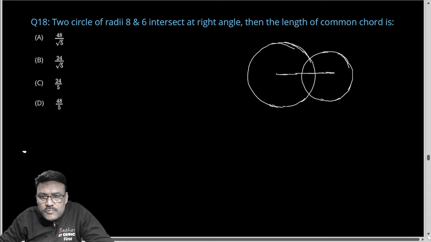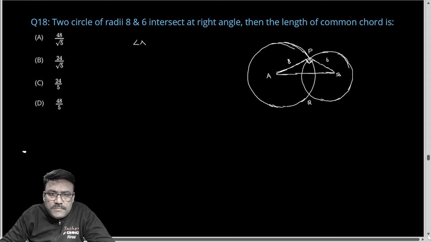Let's say centers of the two circles are A and B. And let's say they cut at P and Q. The radius of this larger circle is 8. The radius of this smaller circle is 6. And they are intersecting at right angle. So your angle at P, angle APB, is 90 degree. So using Pythagoras, you can find AB, and AB is 10.